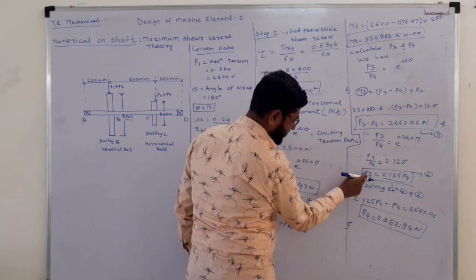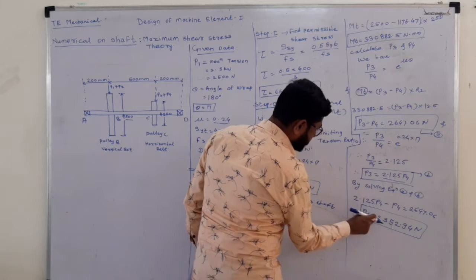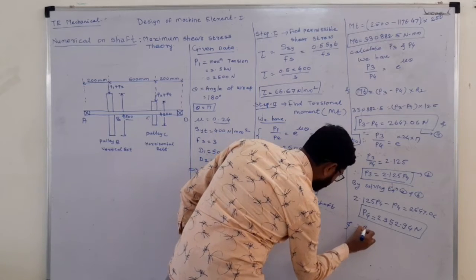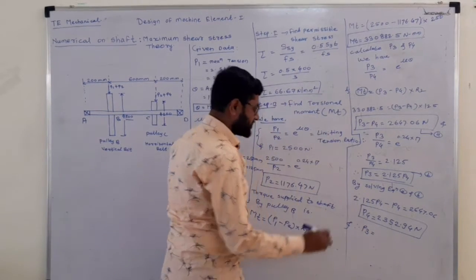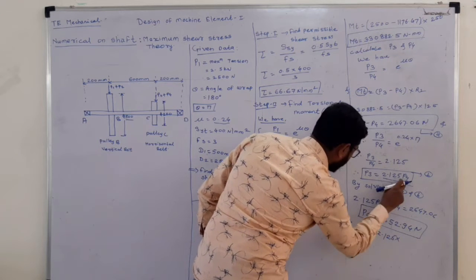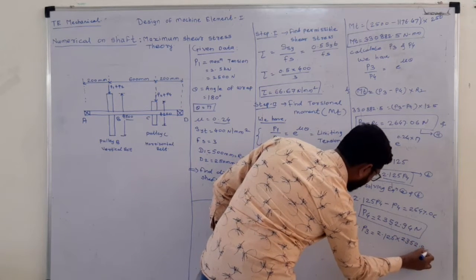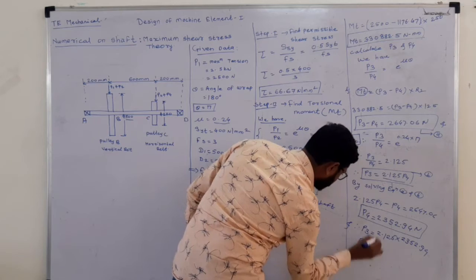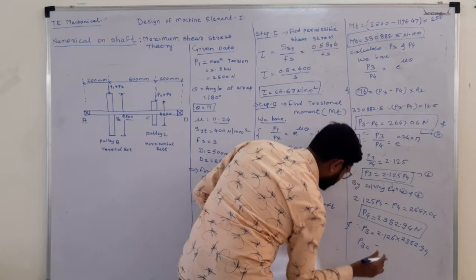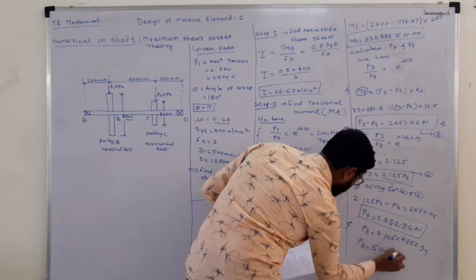And as we get the answer for P4, similarly find P3 force. How to find P3? Here in this equation A, just put the value of P4, that is into 2.125, means we will get P3 force, that is equal to 2.125 into P4, P4 is 2352.94, means P3 is equal to 5000 Newton.